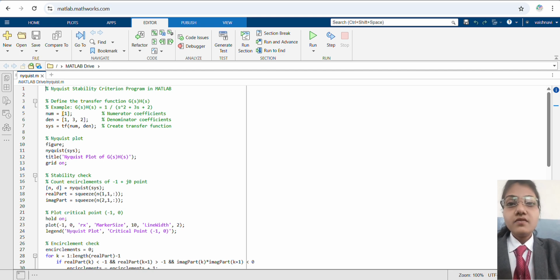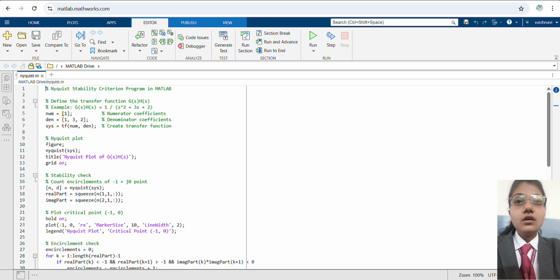After that, we are going to extract the Nyquist plot data for analysis, in which MATLAB [re, im] = nyquist(sys) gives the real and imaginary parts. Then we use squeeze to remove unnecessary singleton dimensions, to make the real part and imaginary part into simple 1D arrays.